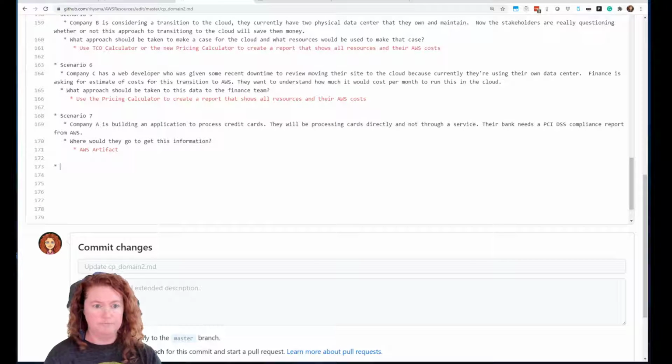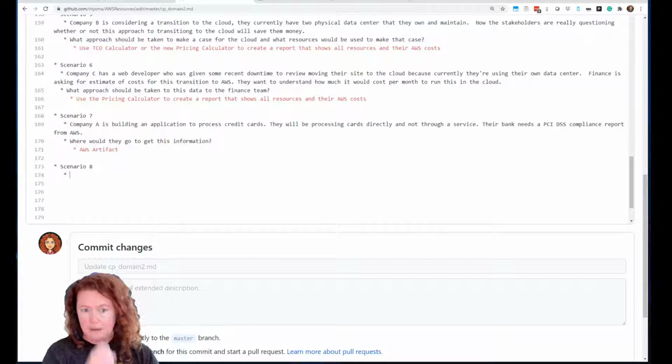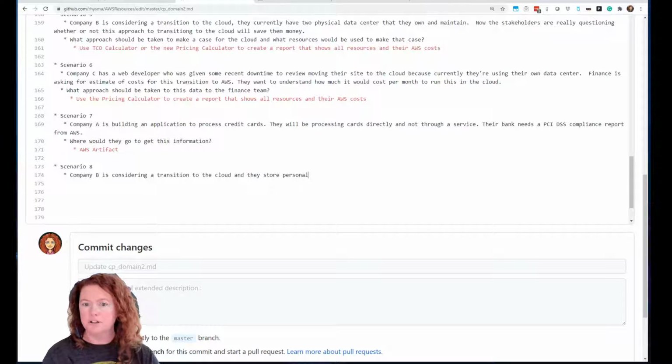All right, next one. Company B is considering a transition to the cloud, and they store personal information securely in their system.